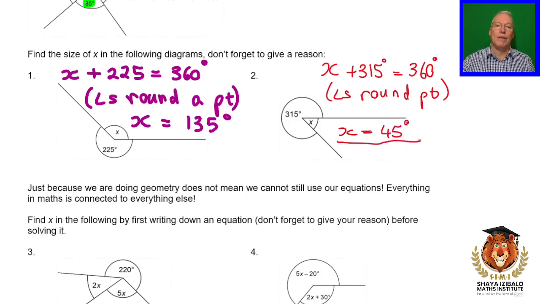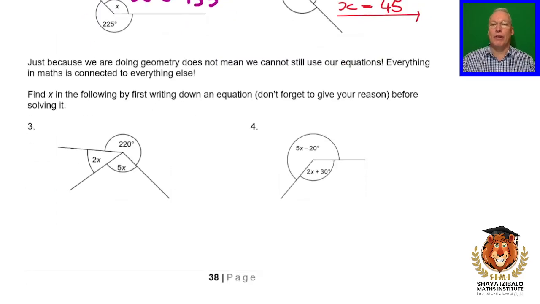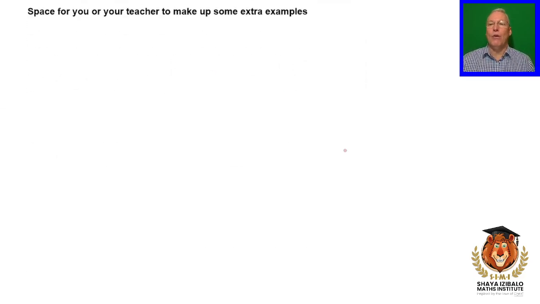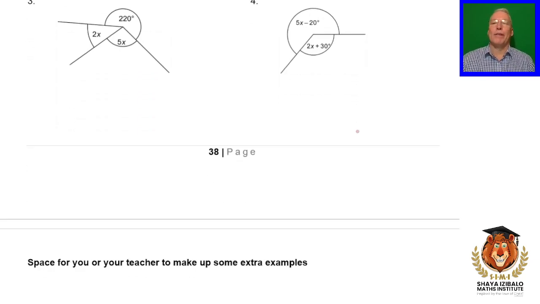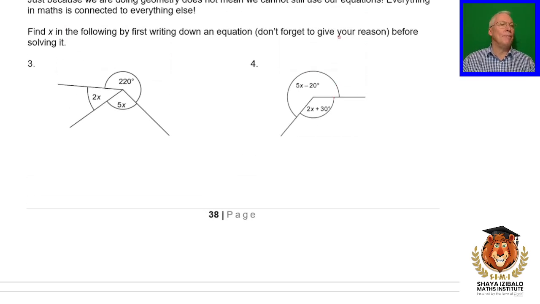We're going to now ask you to pause the video and try questions 3 and 4. There's also space on the next page if you want to make up some extra examples. This is quite a simple result, but try and write down your full equation with a reason and then solve it. So pause the video for just a minute or two, and try questions 3 and 4.